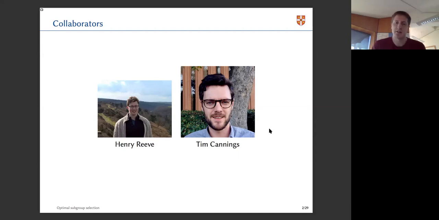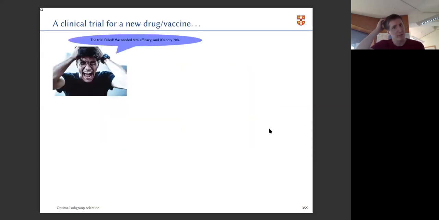And you've been running this long clinical trial, you've done huge amounts of research to develop your product, and today is D-Day, where you get to find out whether the drug or the vaccine works. And you open the envelope, and oh no, it's a disaster. The trial failed. So we needed 80% efficacy in order to get approved by the regulators, but it's only 70%.